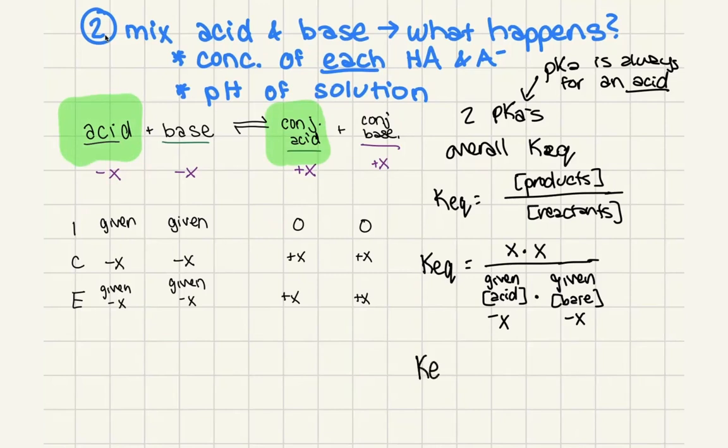But it simplifies down to KEQ equals 10 to the pKa of your products minus the pKa of your reactants. And so when we're dealing with the products, that's going to be your pKa of the conjugate acid.